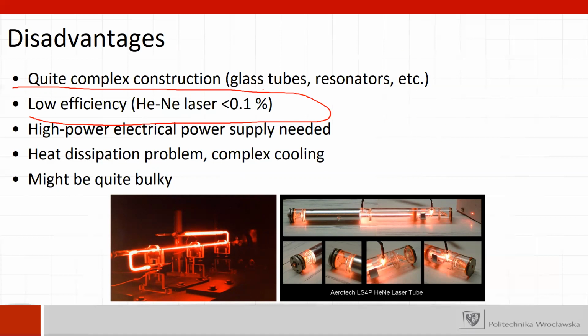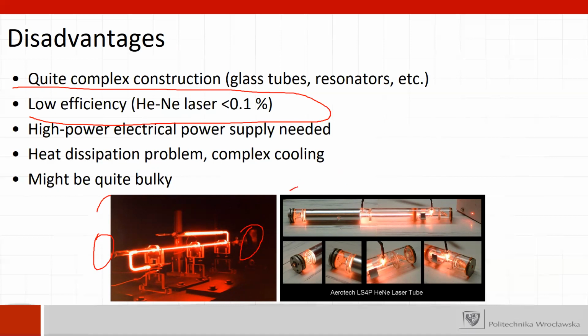The construction might be bulky, so you can see the typical construction of a HeNe laser. The one on the left-hand side is a laser with external mirrors. We have the capillary with the helium and neon, and the mirrors should be here and somewhere here. So we align the mirrors separately, and the tube is separated from the resonator.